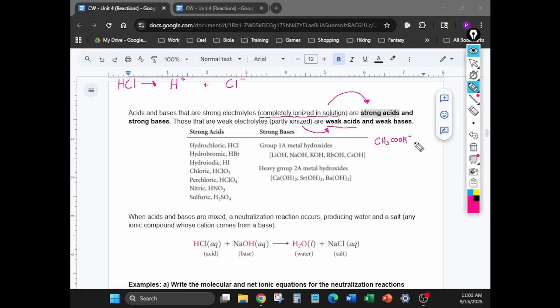If you put this inside of water, only some of them will break up into H plus and the anion. So that's the difference. It's how much dissociates. Later in the spring, we're going to be able to calculate what percentage dissociates. But for now, just know that the strongs are 100% dissociation, and the weaks are less than 100% dissociation.